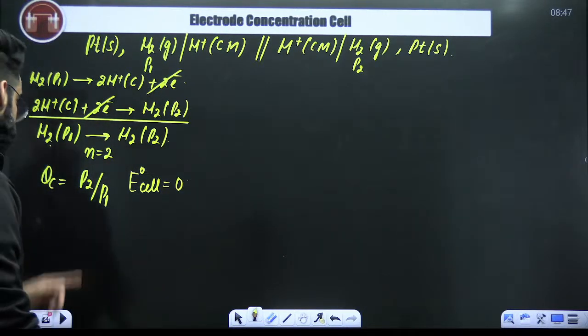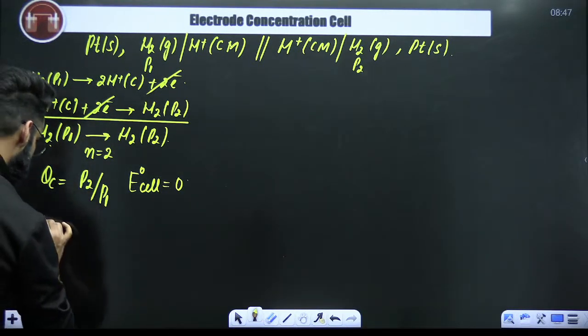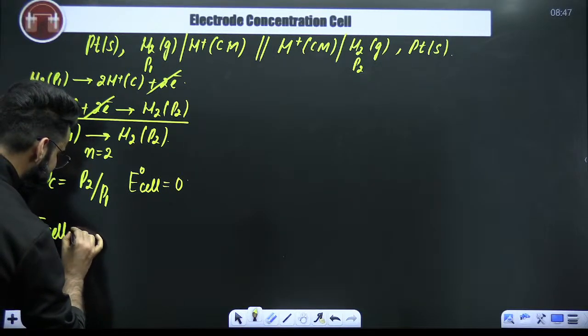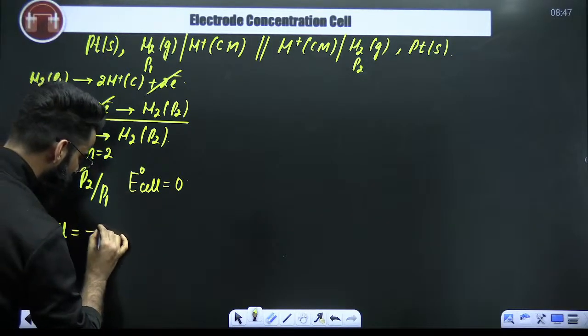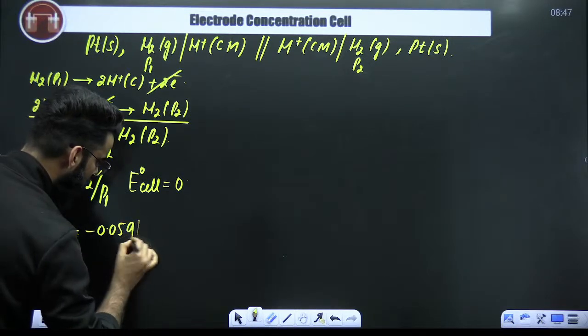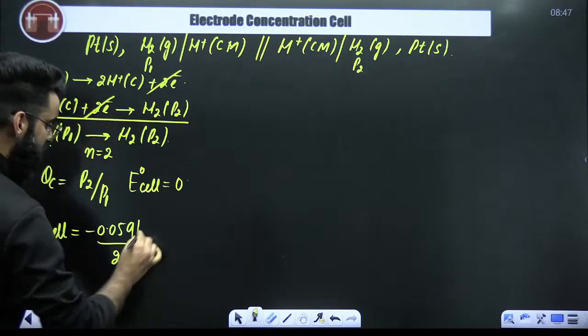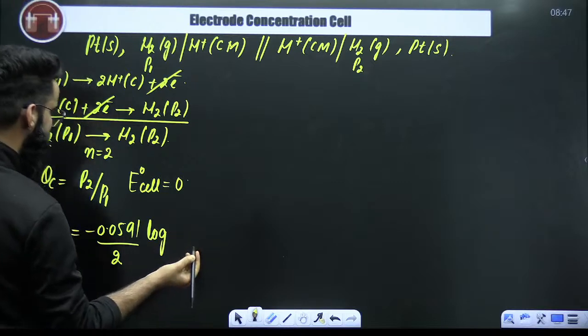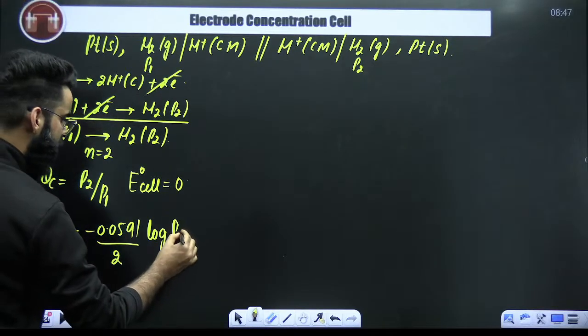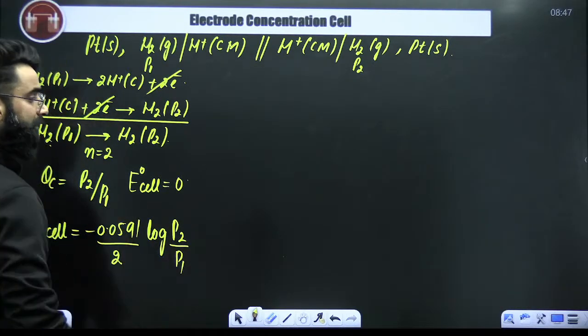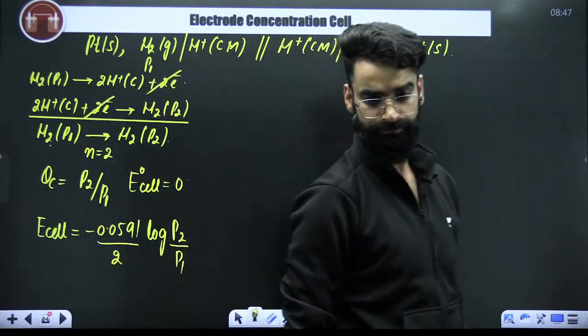Now, my dear students, one more thing. E naught cell has to be 0. We got to know that. Now, write the Nernst equation. E cell is equal to E naught cell, that's 0, minus 0.0591 divided by N value. N value is 2. Log of QC. QC is nothing, that is P2 divided by P1. I believe it's clear till here.